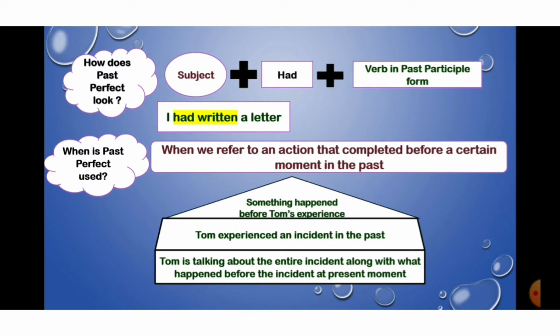The second layer is the actual incident that took place in the past, experienced by Tom. In the topmost layer, we can see that something happened before Tom's experience, which was known to him. This topmost layer of action that took place before Tom's actual past incident is called past perfect tense.